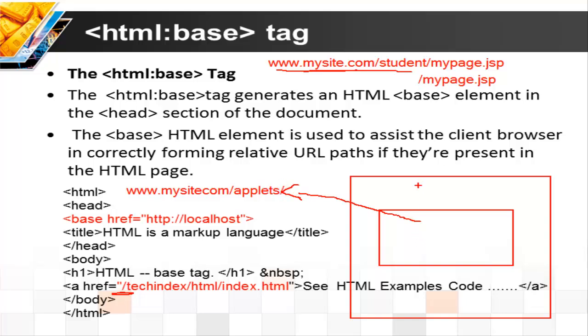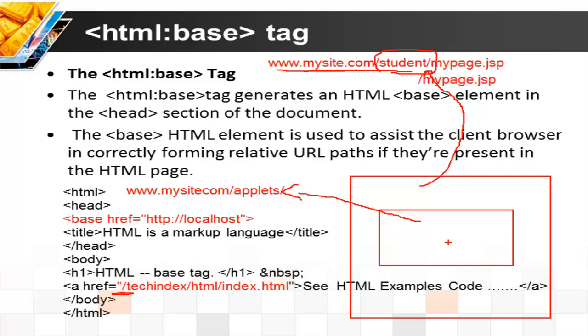Your page is coming from maybe the students folder, but your applets may come from some other location. In that case, you must tell the browser to change the base. The browser always assumes this is the base because I received the request from the student, so next time I am supposed to send it there.